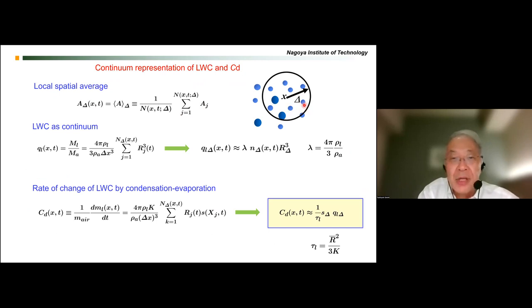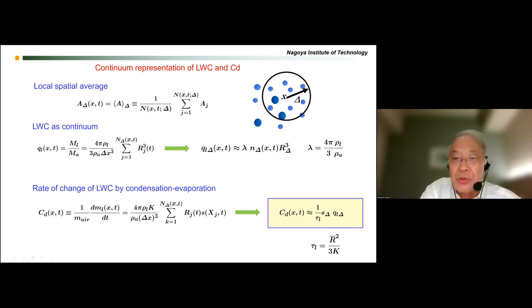The result is that the continuum representation of the LWC is expressed as the product of the number density of droplets times the cube of R. And the rate of change of the LWC by condensation and evaporation is, roughly speaking, expressed in terms of the product of supersaturation times QL.